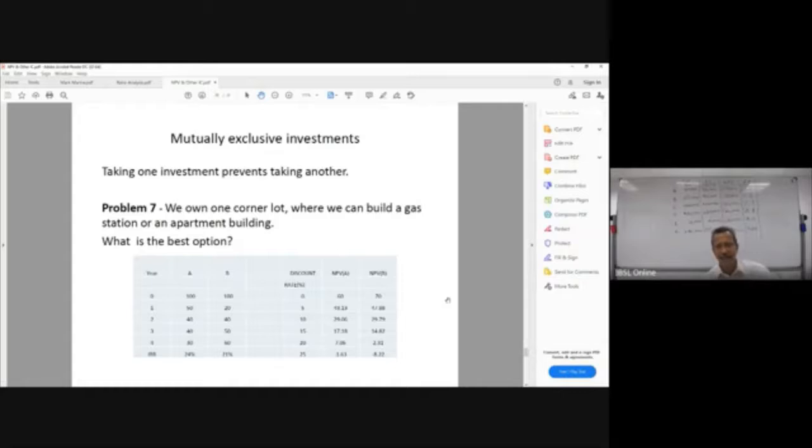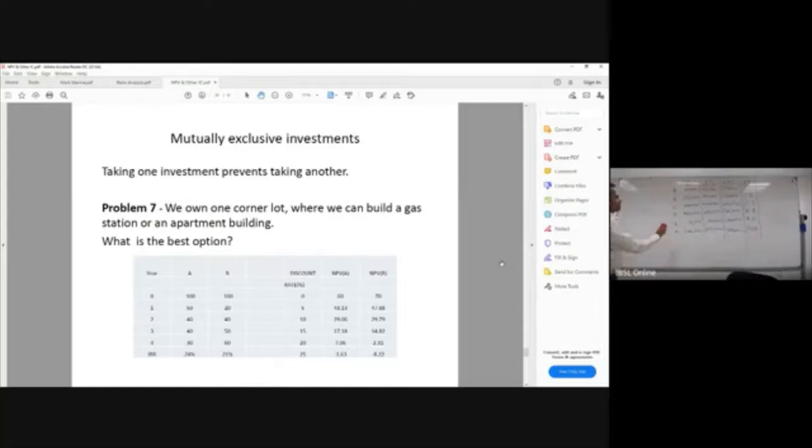Then they have given IRR, and the calculation of what we did earlier for each discount rate, NPV A and NPV B. So what do you think is the best project?